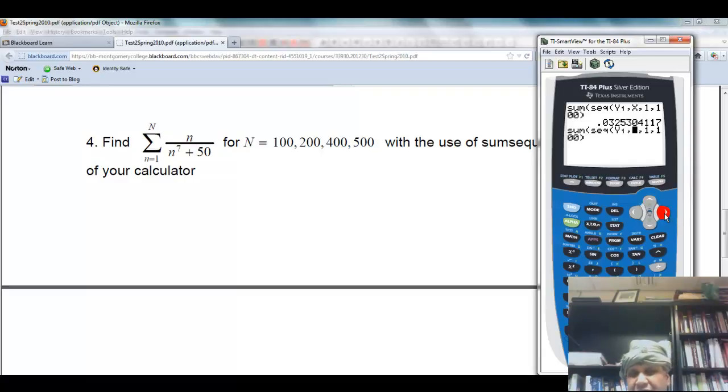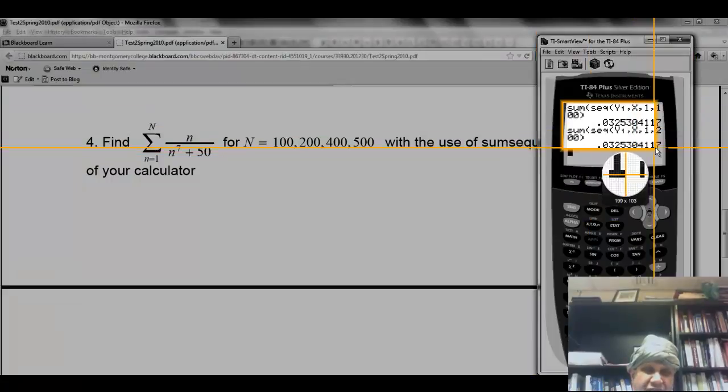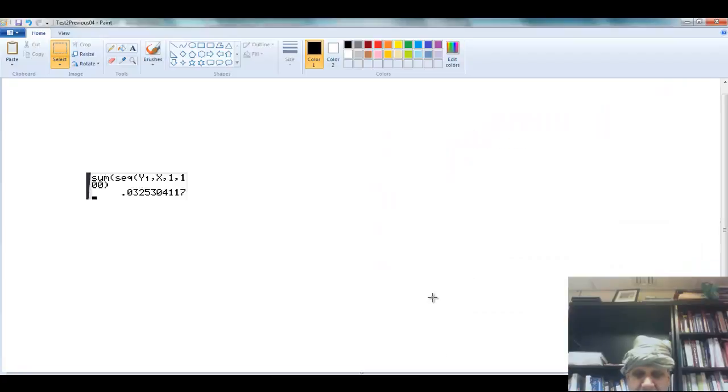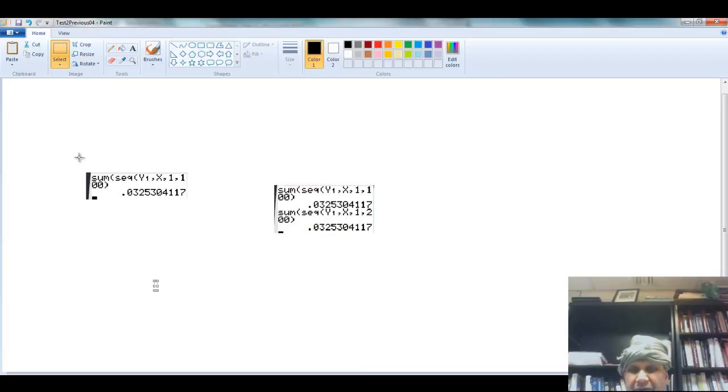Once you say table, it gave you all the values from 1 to 7. We cannot do more than 7.